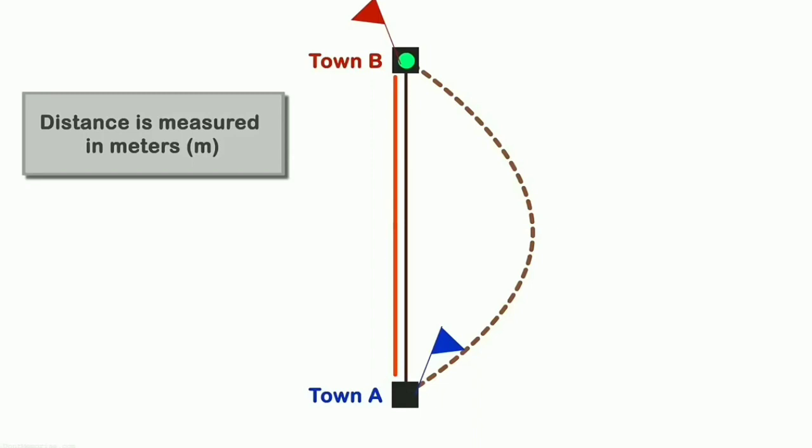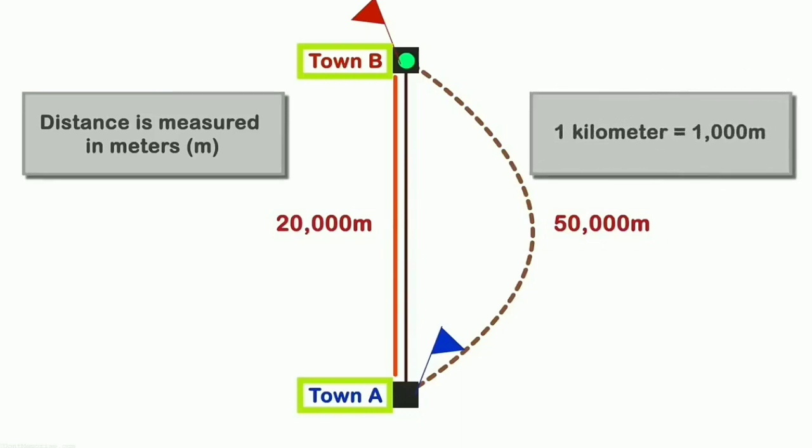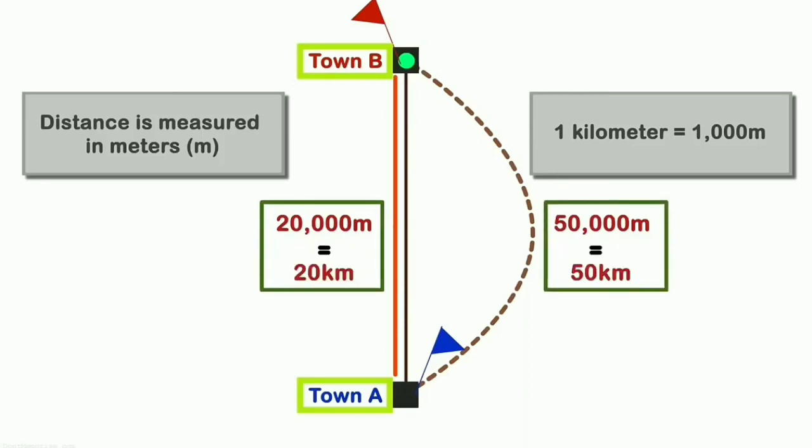The distance between these 2 towns is about 20,000 meters, but because of the detour, you had to cover a distance of 50,000 meters. Nobody likes big numbers unless it's your salary. So we should also know that a kilometer is 1,000 meters. In our example, instead of 20 kilometers, you traveled 50 kilometers.